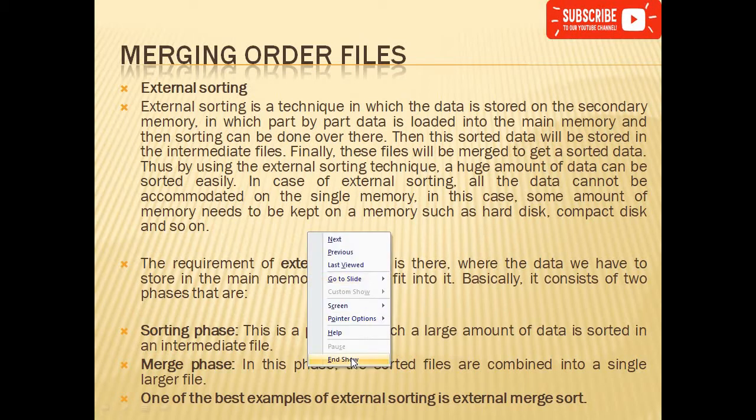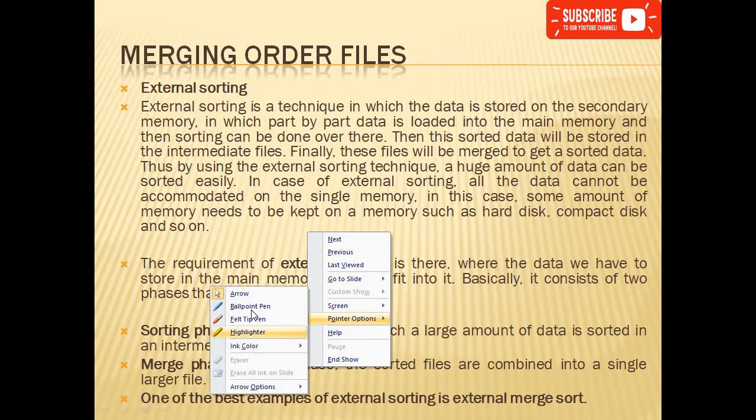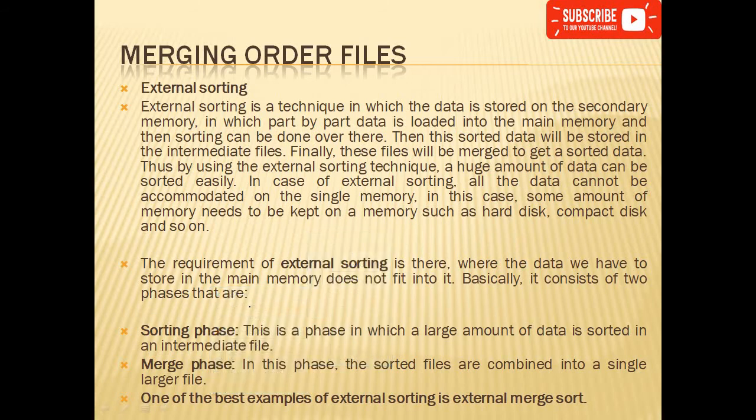In the sorting phase, the large amount of data is sorted in intermediate files. So the whole data will go into a number of files, and each file will be sorted separately. The second phase is the merge phase. In this phase, the sorted files are combined into a single large file.